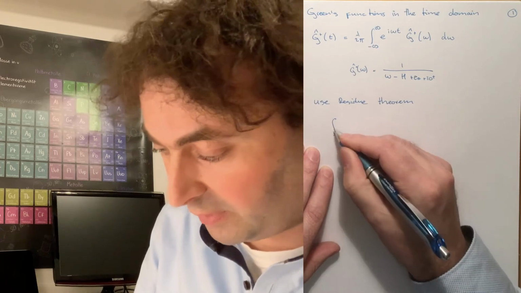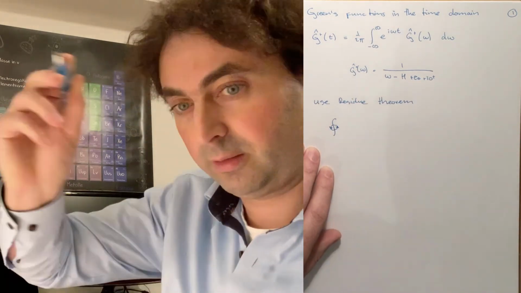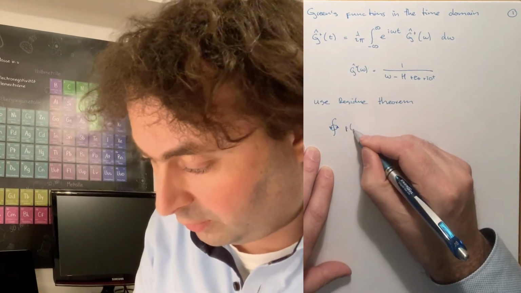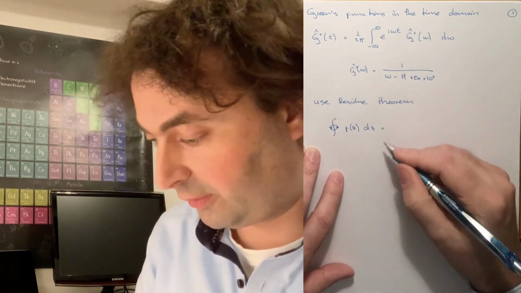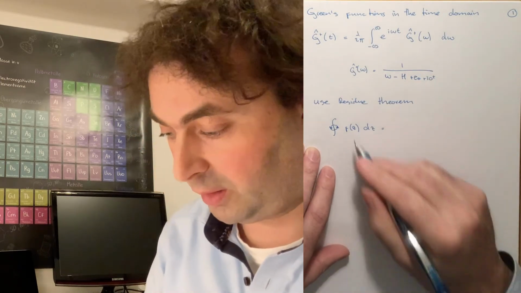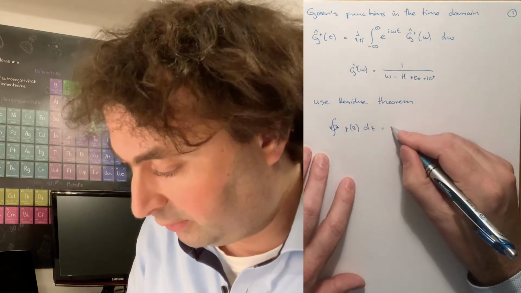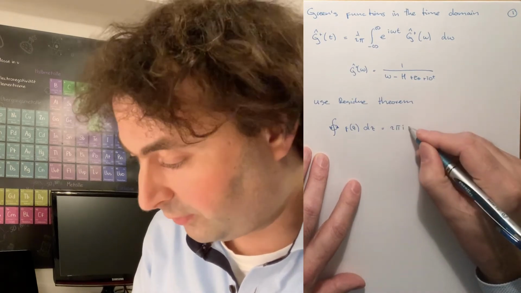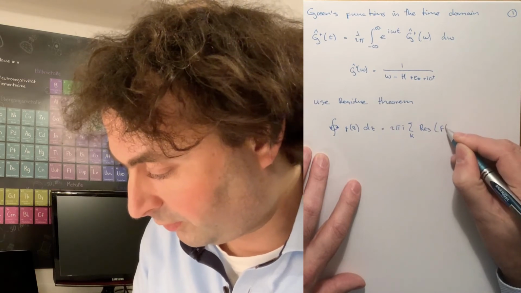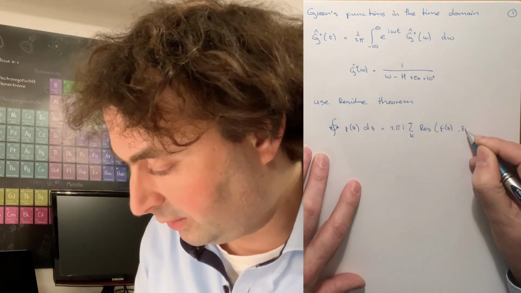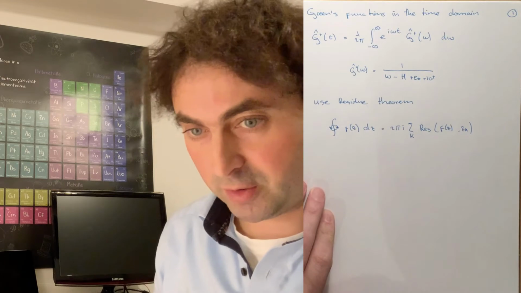And what the residue theorem tells us is, if we have an integral over a closed contour, going anti-clockwise, of a complex function in the complex plane, then we can have a look at the poles of our function, and all poles included in the contour. We can have a look at the residue, and we sum over all poles the residue of that function at the complex value where this function diverges.